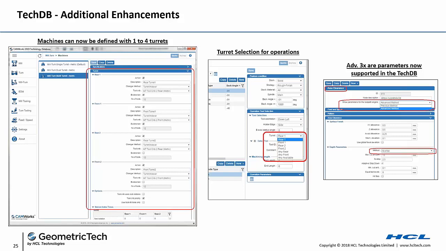If you choose the advanced method, then you've got some new selections for parameters in the TechDB that are available in the advanced method but not in the previous one. For example, scallop machining is the one shown there. So again, as we add this functionality, we're also updating the TechDB so that it can be used for automated programming as well.